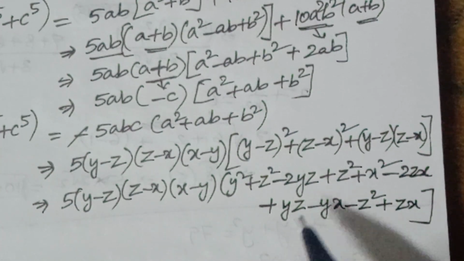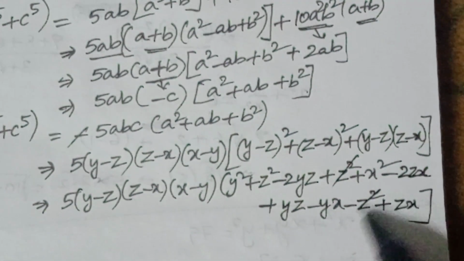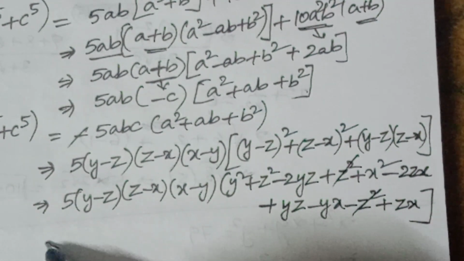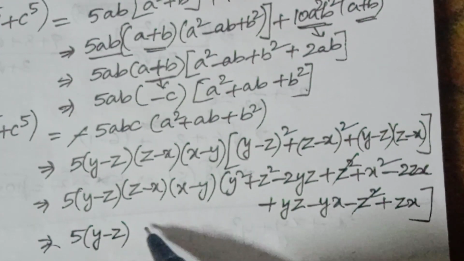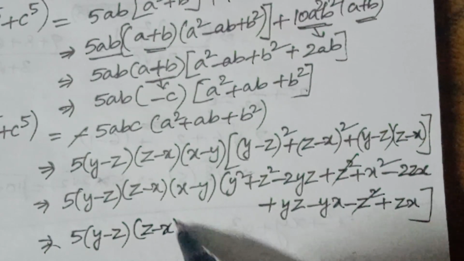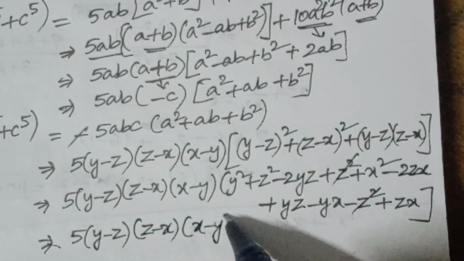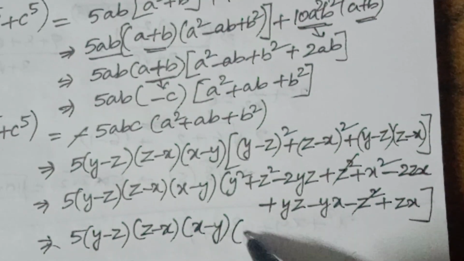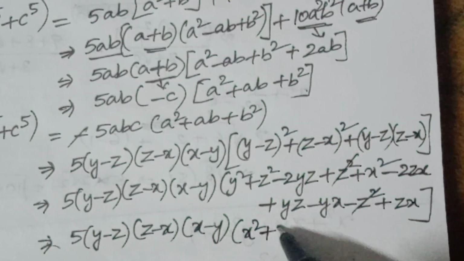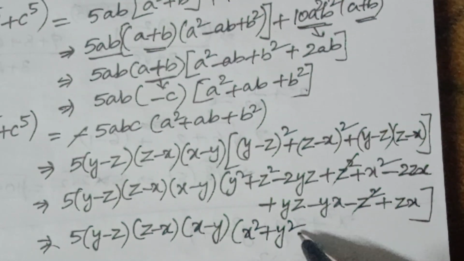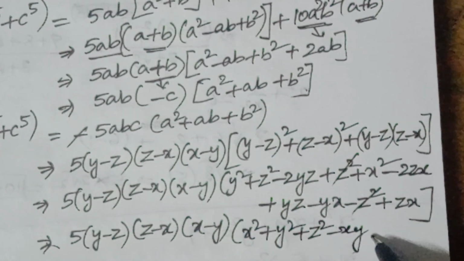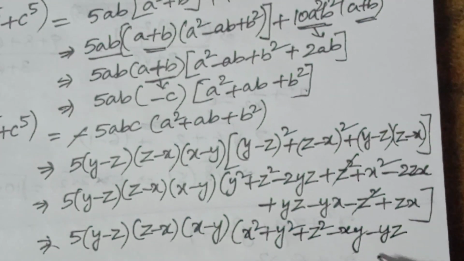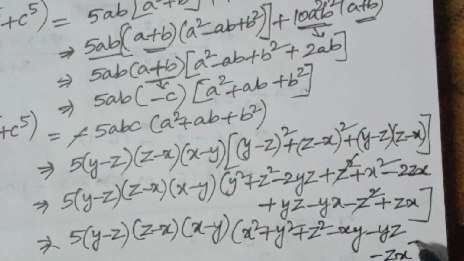So if you solve this here, z square plus z square minus z square cancel. So here you'll get 5 into (y minus z)(z minus x)(x minus y) into x square plus y square plus z square minus xy minus yz minus zx.